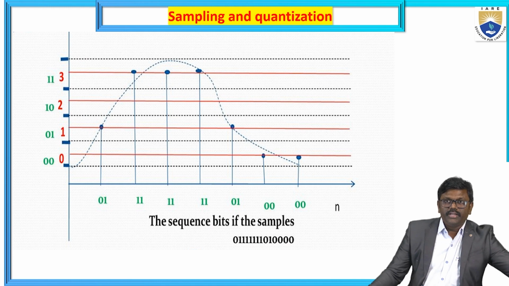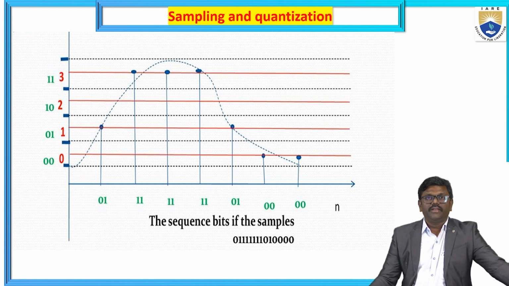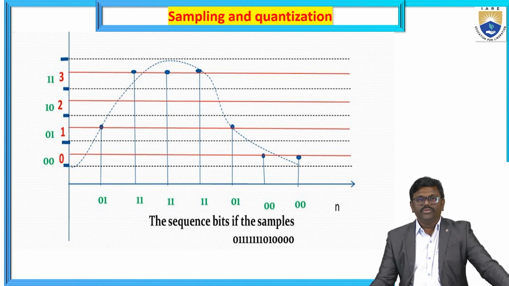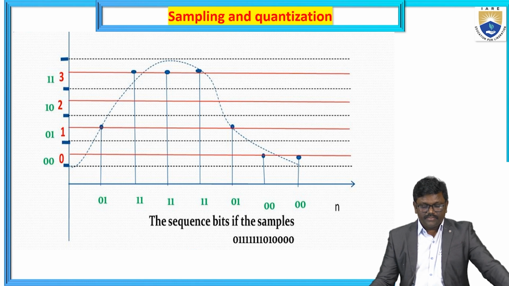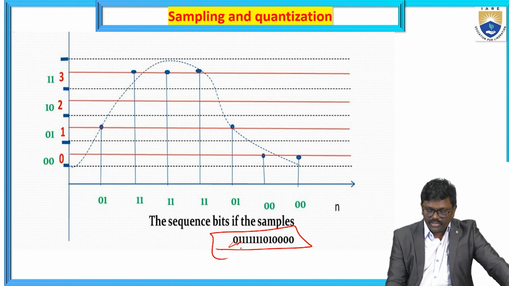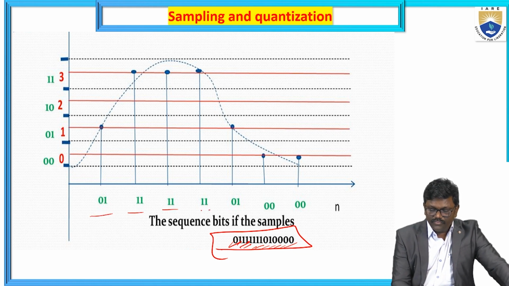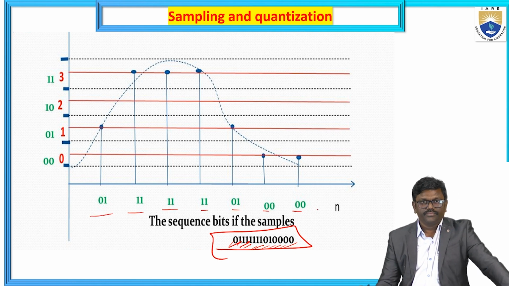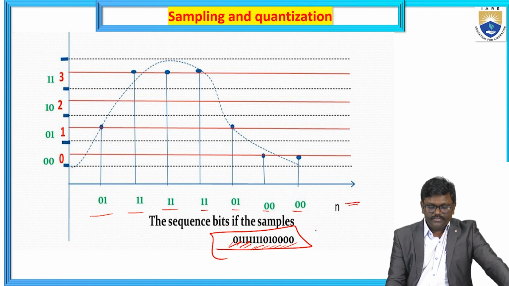So sampling and quantization here 100% help us to concentrate in terms of your sequence of bits if the samples are like this. Okay. So you keep your sequence of information according to their sequence. Your sample data will change. Okay.